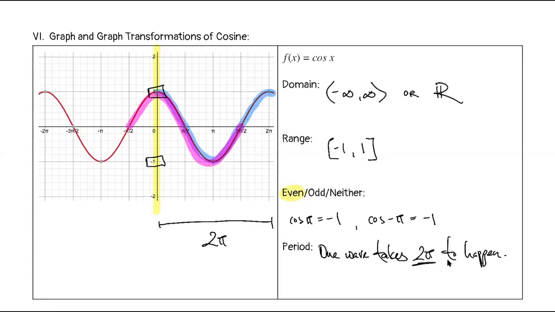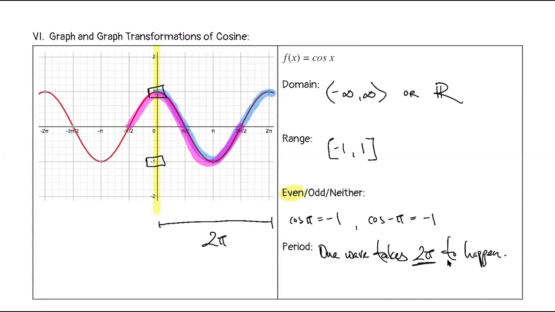All right. Any clarifying questions about the graph of cosine or any of the features of cosine? Okay.